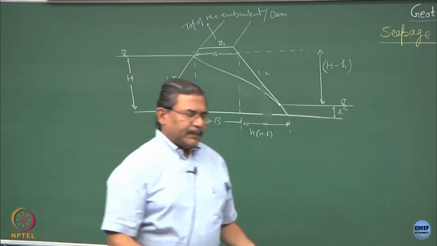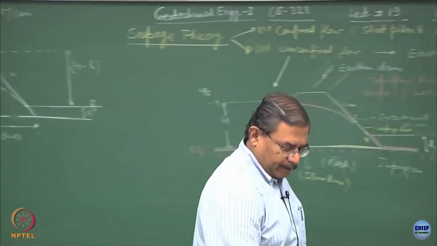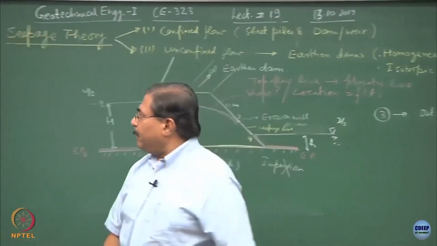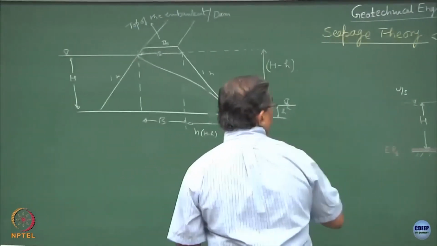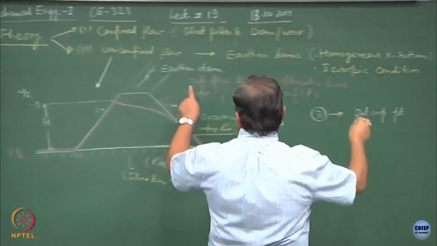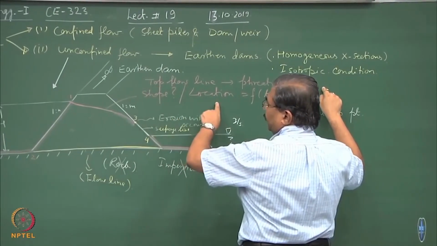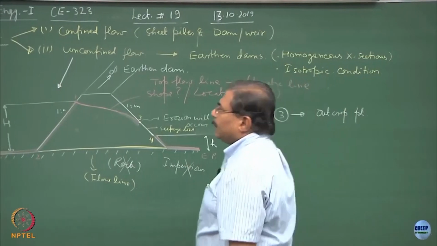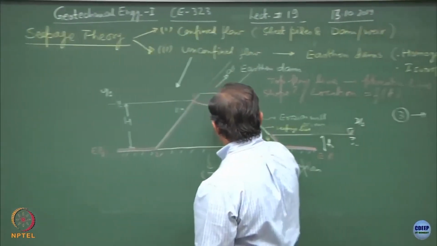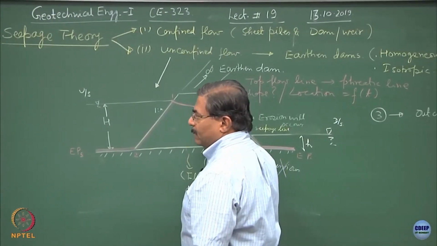Now, in most of these analyses what we do is we consider an element, because the first task in hand is to find out the shape and location of the top flow line. That means I have to establish what is the shape of this curve.